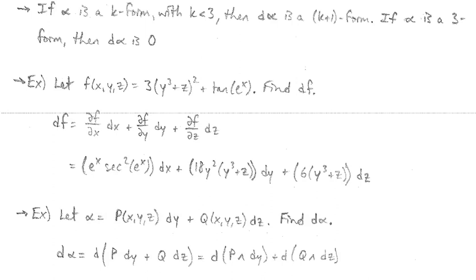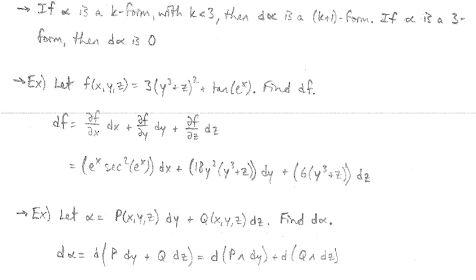So d alpha, the derivative of alpha, is equal to the derivative of p dy plus q dz. We said by property number 2 that this differentiation operator was linear, so it's d of p dy plus d of q dz.